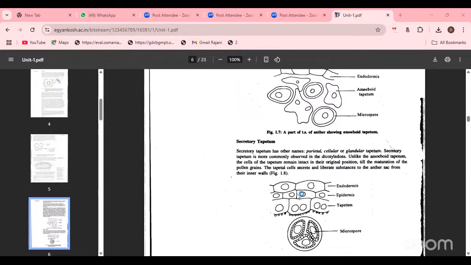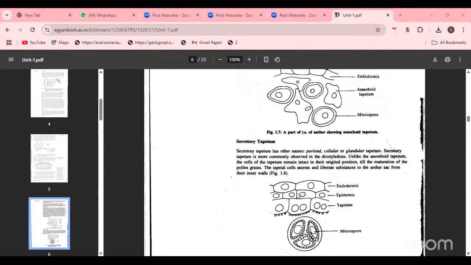Next one is the secretory tapetum. Secretory tapetum has other names: parietal, cellular or glandular tapetum. Secretory tapetum is more commonly observed in dicotyledons.